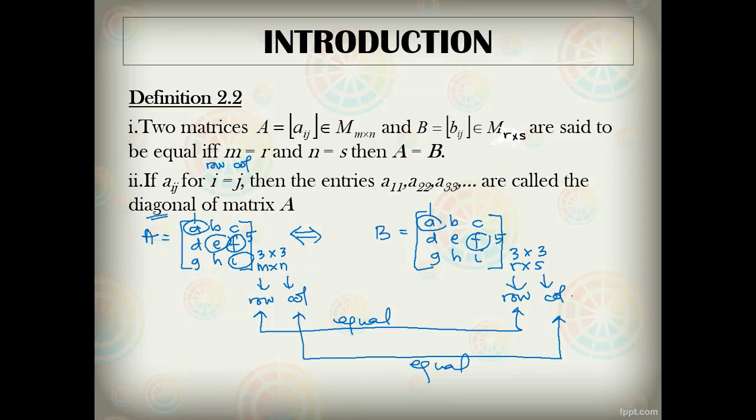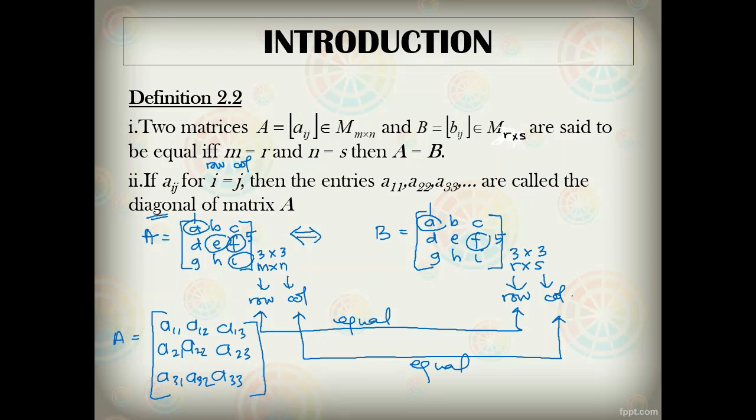So the diagonal of the matrix is like this: A11, A22, A33. The other elements are A12, A13, A21, A23, A31, A32.